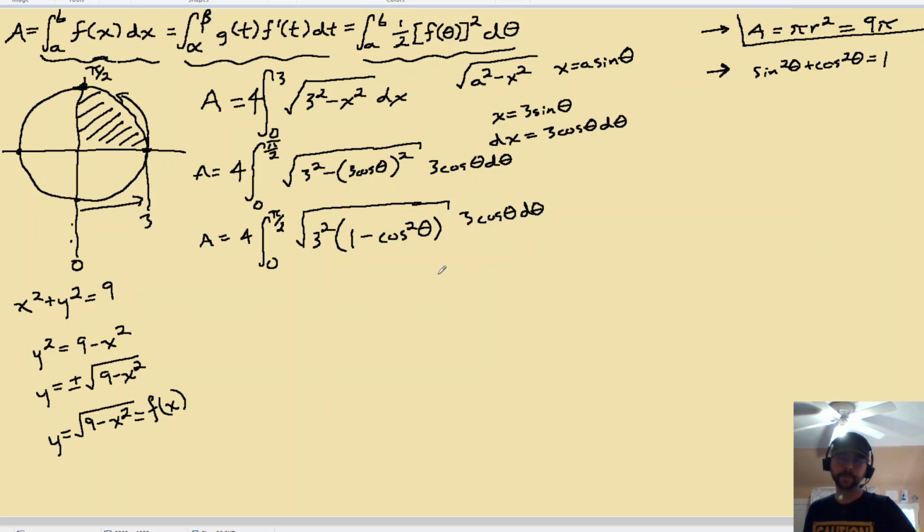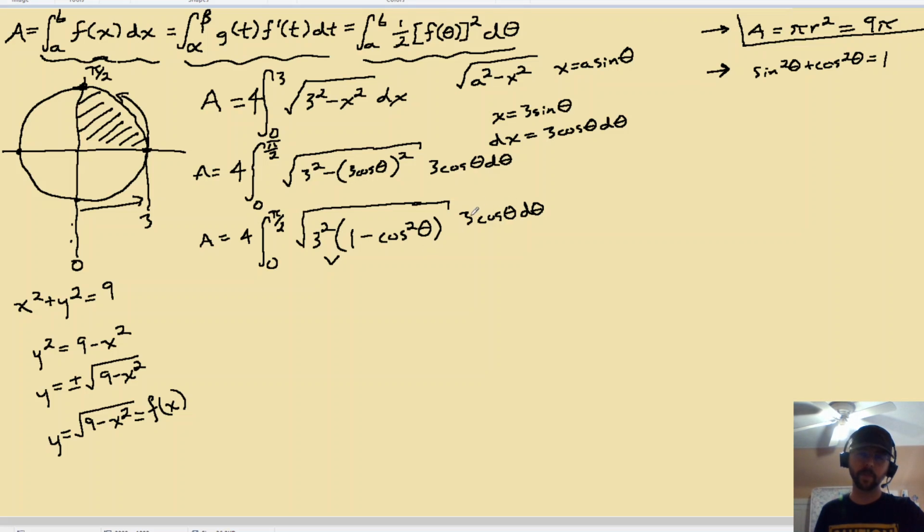Now, we can take the square root of this, because this is two things multiplied by each other. So you can break them up into two separate square roots multiplied by each other. The square root of 3 squared is 3. We're going to bring that to the outside. This 3 sitting here is just multiplied by things with theta, not added or subtracted or some other kind of operation.